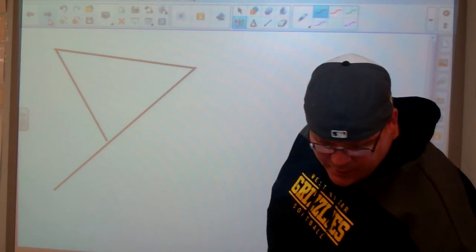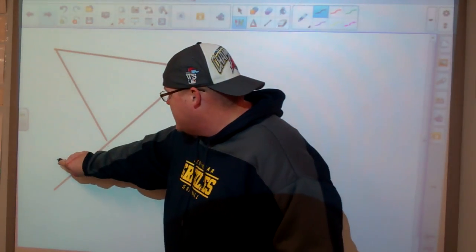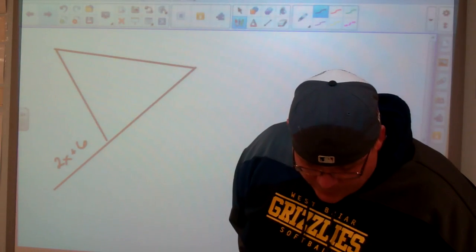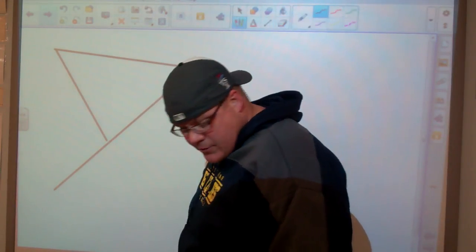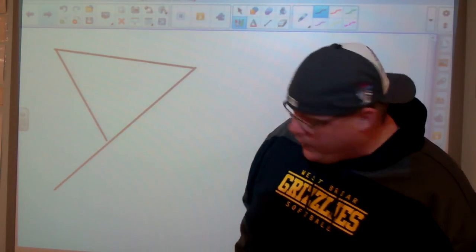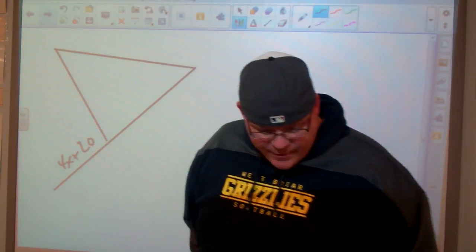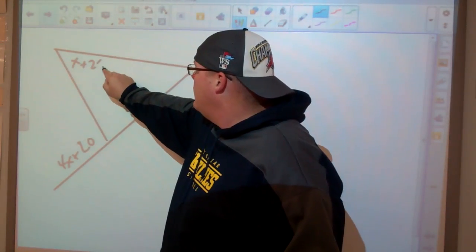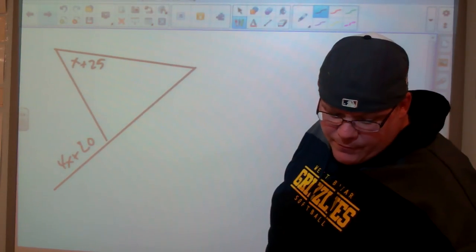So again, let's say they gave us some functions instead of whole numbers. Let's look at another one. We'll do one more. So I have this triangle here. Let's give it different values. Let's say the exterior angle was 4x plus 20, and the two remote interior angles are 2x plus 25 and x plus 20.